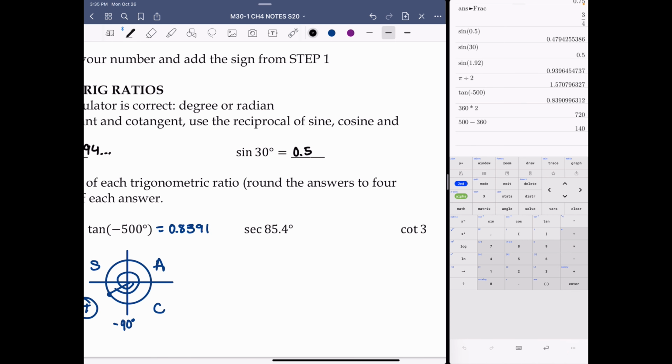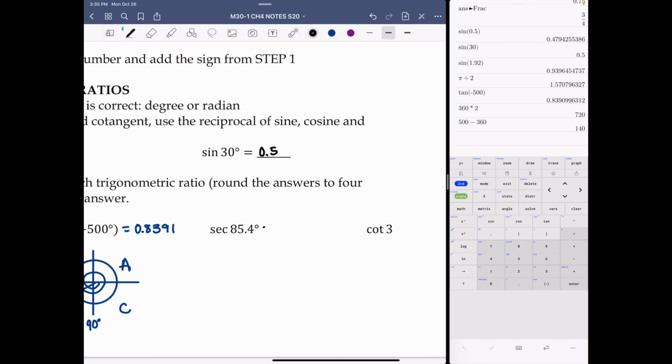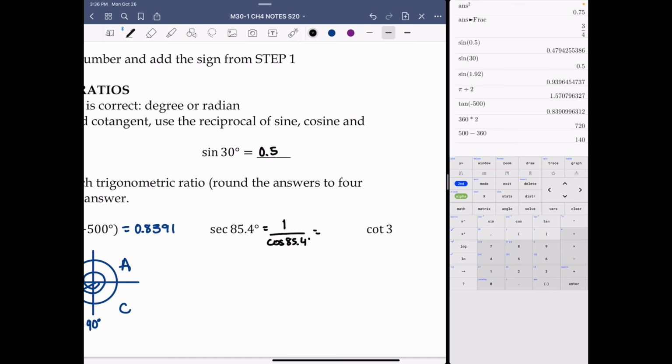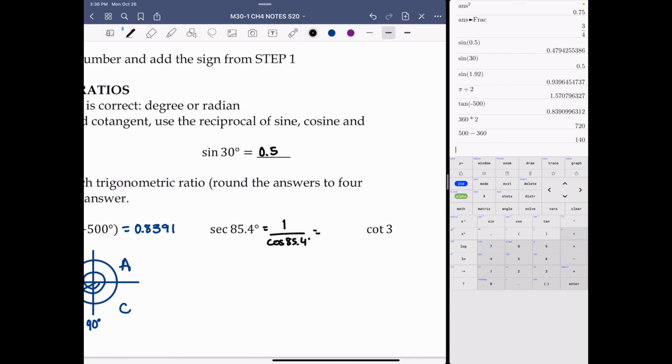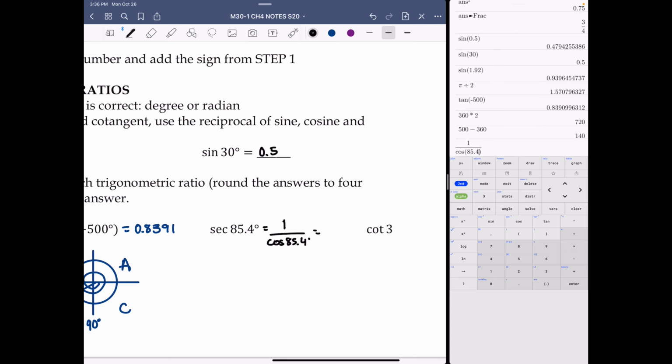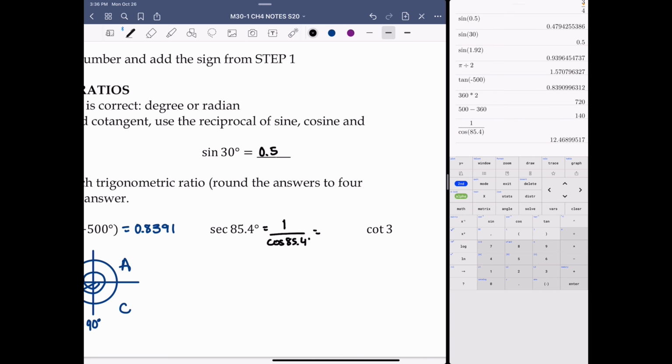Secant of 85.4 degrees equals 1 over cos of 85.4 degrees. Let's make sure we're in degree mode. Yes, we're in degree mode. Hit exit. I can enter a fraction, math, enter, 1 over cos 85.4, enter, and we get 12.46899, which would round to 12.4690.